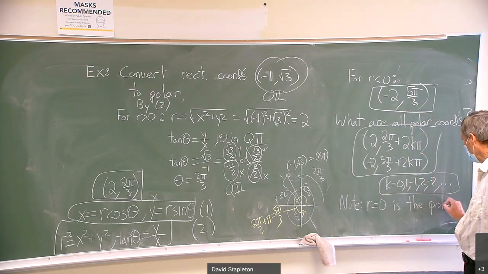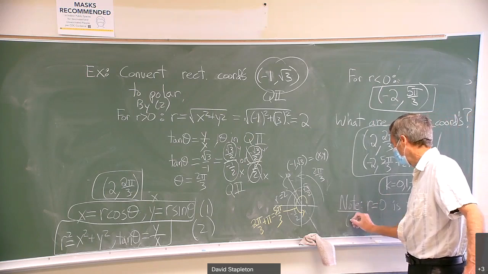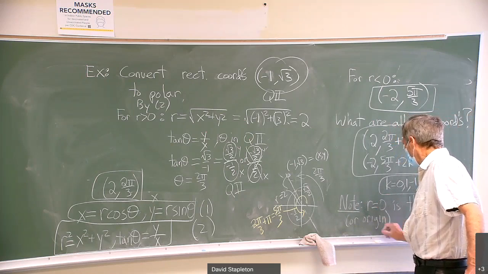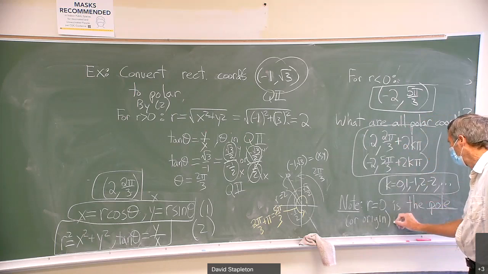So we'll just change the name from origin to pole, although you can use origin, everybody knows what you mean. With theta arbitrary, right? Because it doesn't matter what angle you turn. If you didn't move out from the origin, it's still the origin, right?